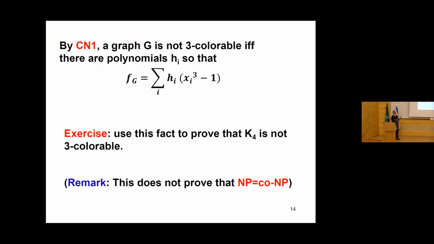But the trouble is that although this statement holds, I cannot really show you this certificate that shows that the graph is not free-correlable, because maybe, for example, the polynomial hi would be too long. I'll not be able to tell you the description of them in polynomial time. But still, this should be useful, the fact that a statement like this holds.